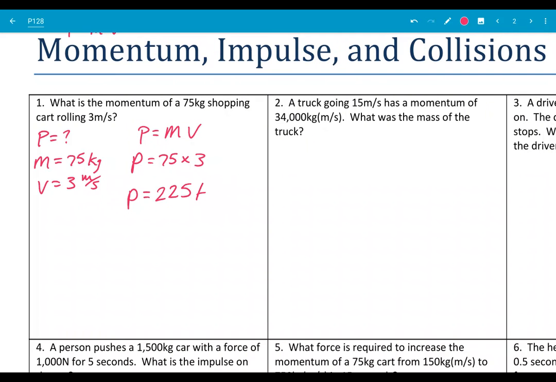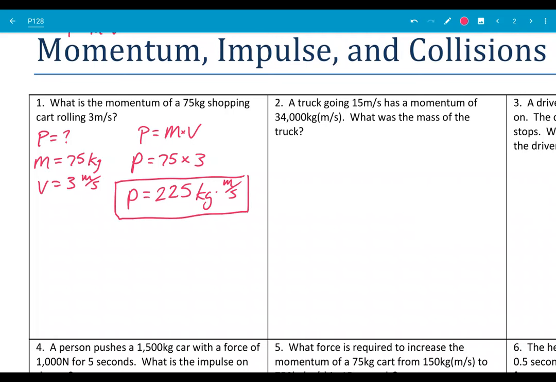Is that right? Is that what you got over there, Dominic? Okay, you check my math because I'm not sure. So anyways, that's just our basic P equals mv, mass times velocity.